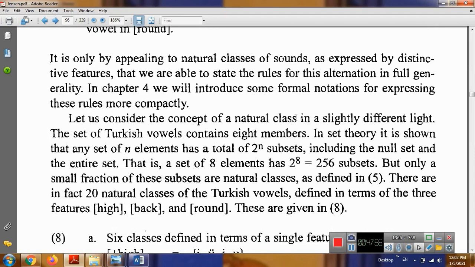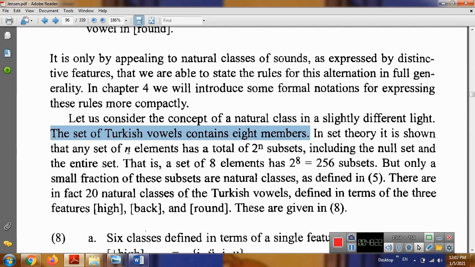Let us consider the concept of a natural class, because I defined the natural class for you in this session. Let me explain it again in this session. Let us consider the concept of the natural class in a slightly different light. The set of Turkish vowels contains 8 members, as I told you, 8 members. Minus high, plus high.